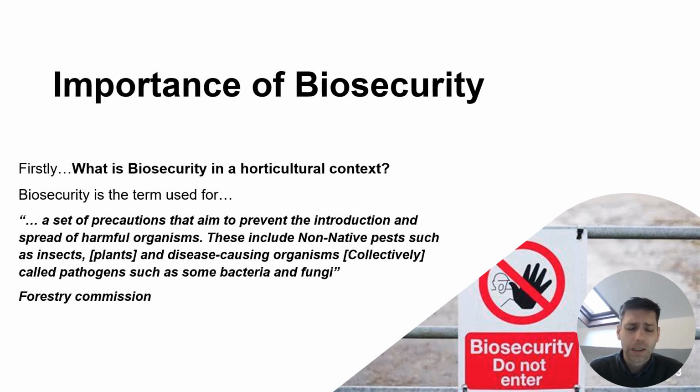Now, a good description of what biosecurity is and the importance of it is taken from the Forestry Commission here on the slide, and it is a term that encompasses a set of precautions that aim to prevent the introduction and spread of harmful organisms, and these include non-native pests such as insects, plants and disease-causing organisms, and these are all collectively called pathogens, such as bacteria, fungi and so on.